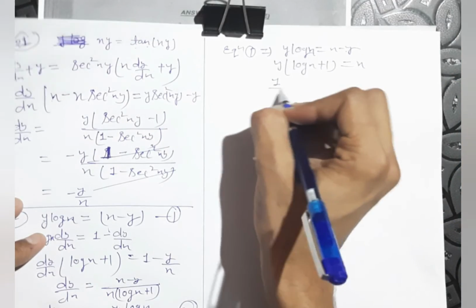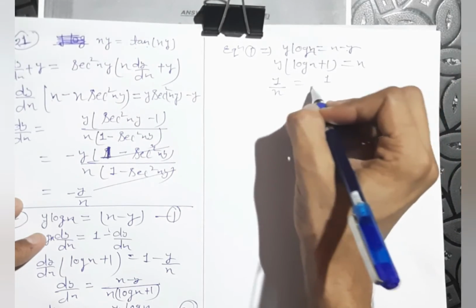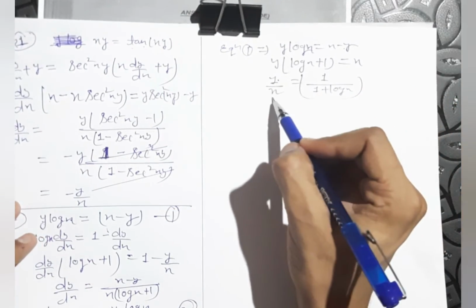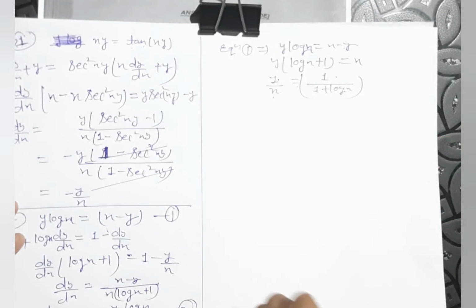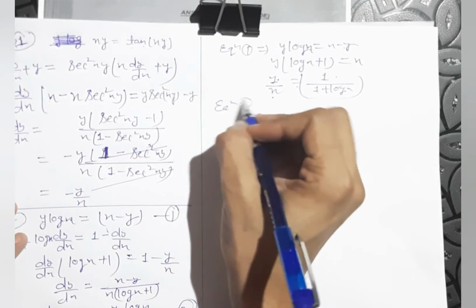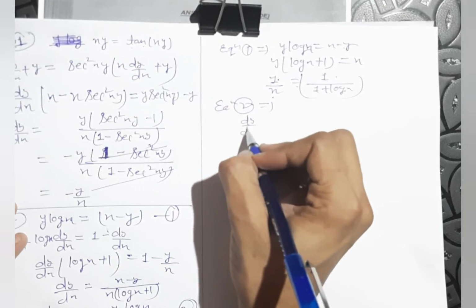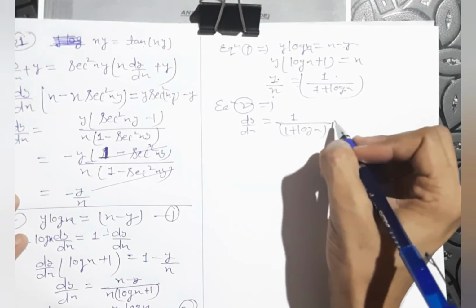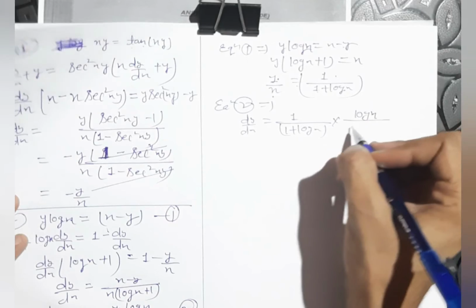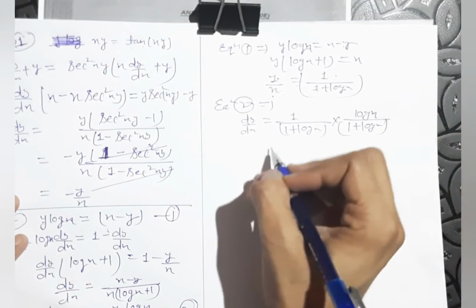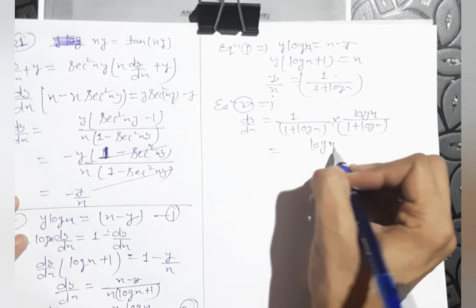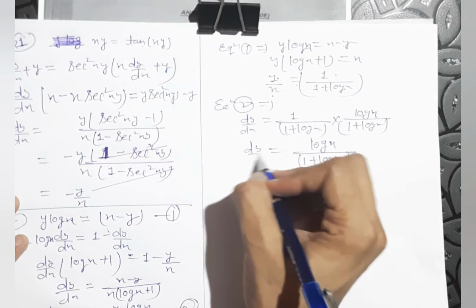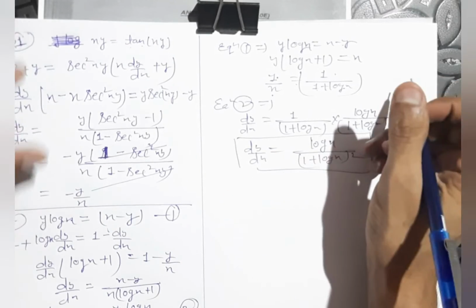So from here y/x equals 1 over (1 + log x). So I can put y/x equals 1/(1 + log x) in equation number 2. So equation number 2 implies that dy/dx equals 1 divided by (1 + log x) times log x divided by (1 + log x), or log x divided by (1 + log x) all square, and this was to be proved. So this is the proof of question number 22.